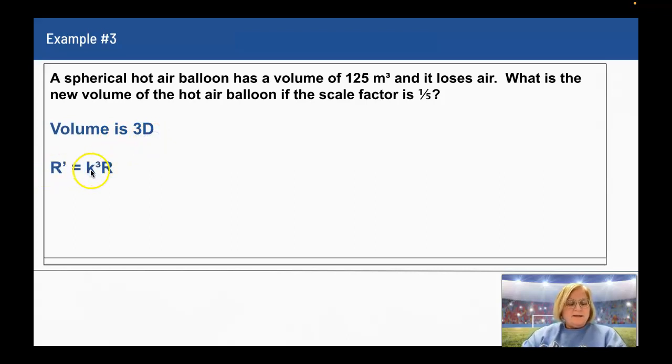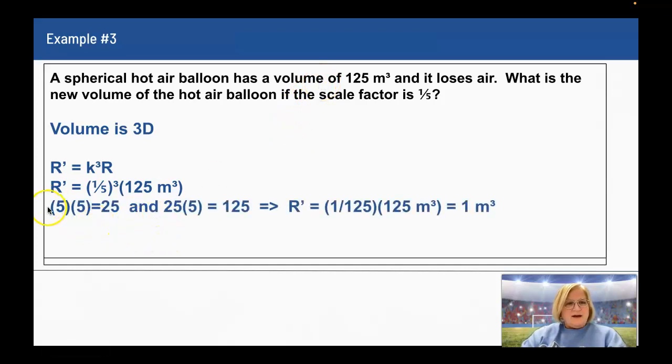So R prime equals K cubed times R. R prime is equal to 1/5, the scale factor, cubed times 125 meters cubed, which is my original. 5 times 5 is 25, and 25 times 5 is 125.